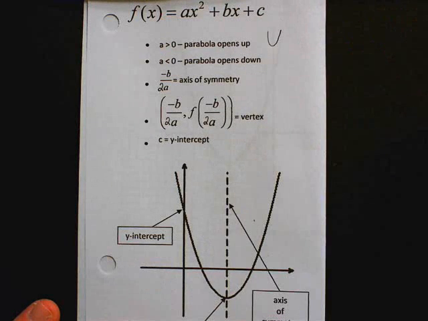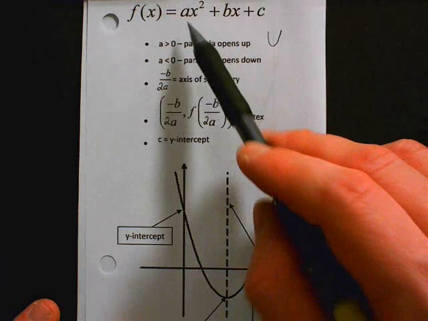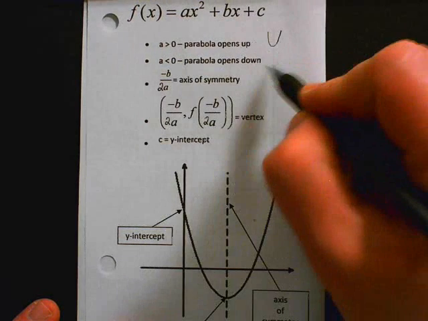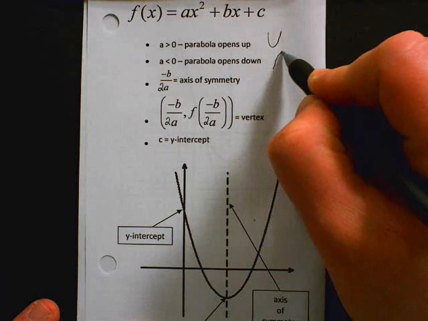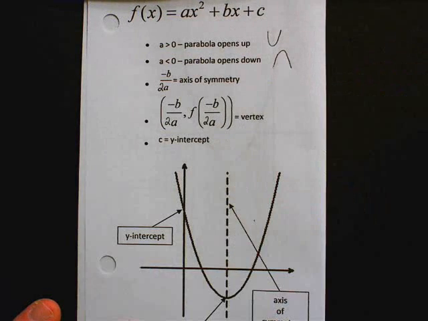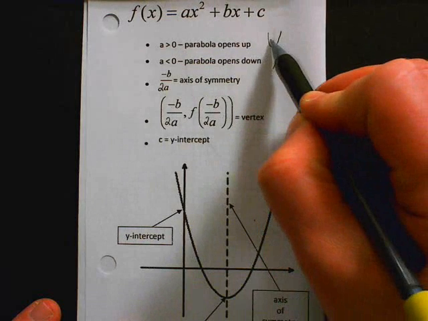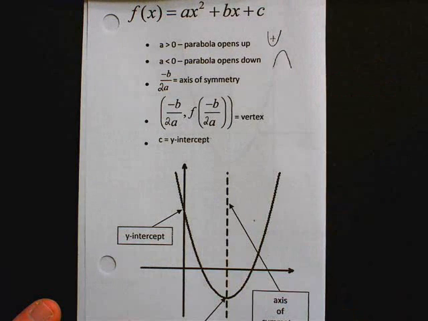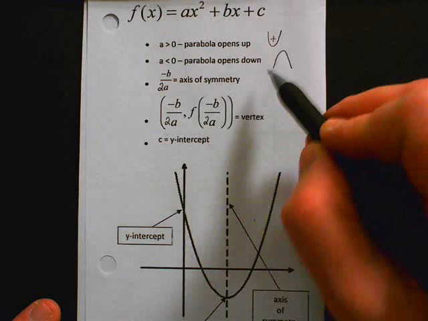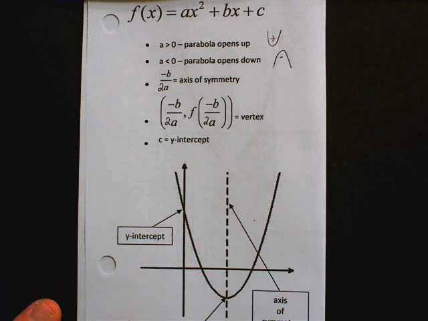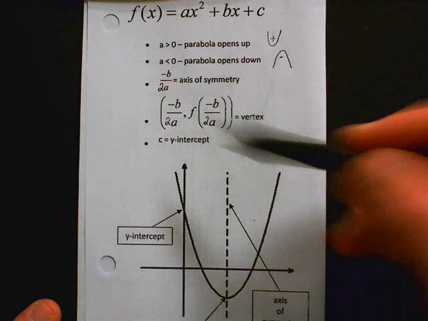And if this number here is less than 0, in other words negative, you're going to have a frown. I like to associate a positive number with having money in your pocket, so you have a happy face. And a negative would mean you owe money to people, so you have debts, and you have a frown, so you're not happy about it.